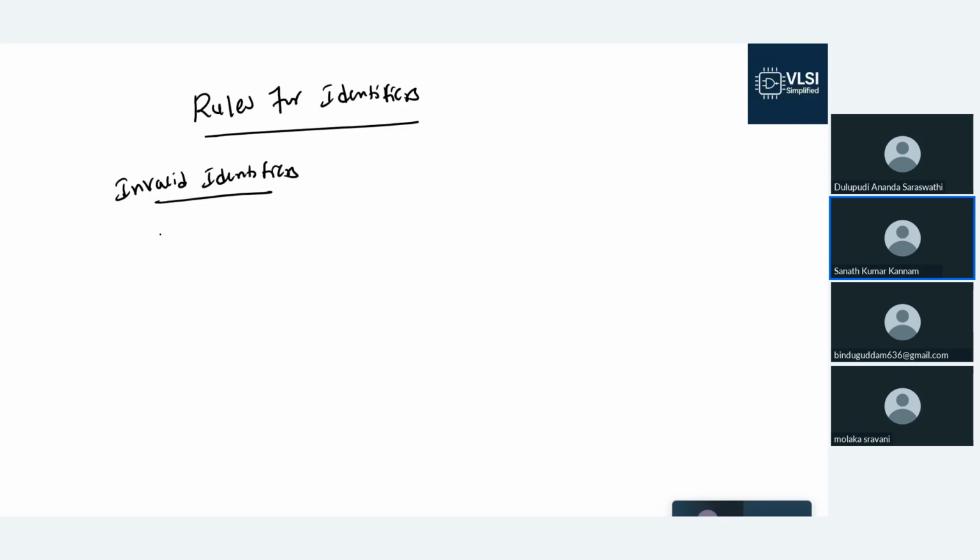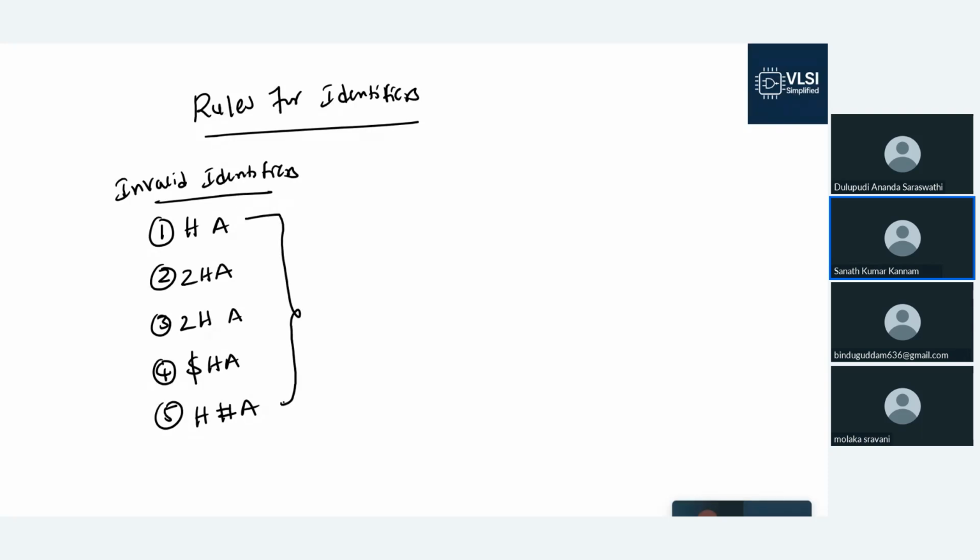There should be no space in between, like half space A, and the identifier should not start with a number, like number followed by A, or start with a special symbol, like dollar half adder or half hash A. So we cannot use special symbols or numbers. These are invalid identifiers.